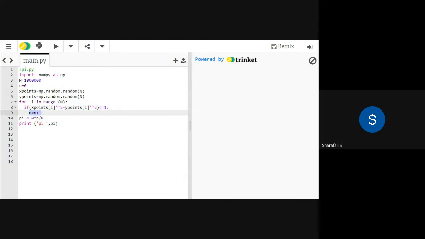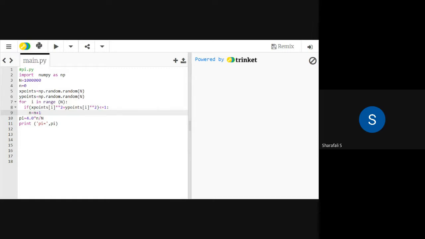Initially n equals 0, then that becomes 1. Then i will be incremented, i becomes 1, and it will calculate x1 squared plus y1 squared. If that is again less than or equal to 1, then n will be incremented again and become 2, and so on. If it is not less than or equal to 1, then it will directly go to the incrementation of i, and check whether the next x squared plus y squared is less than or equal to 1 or not.